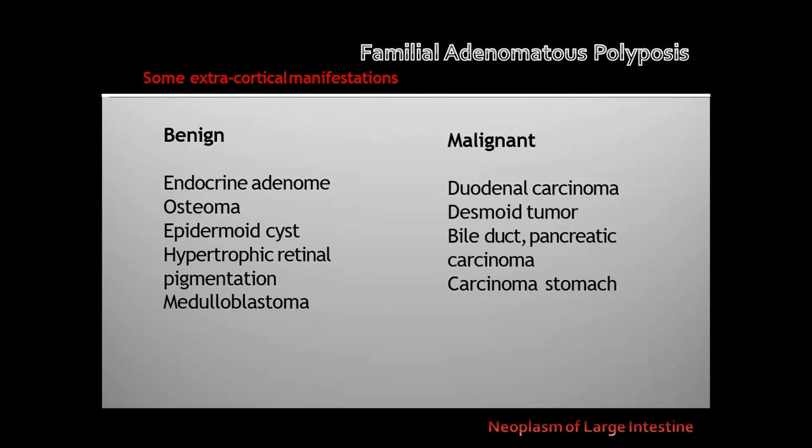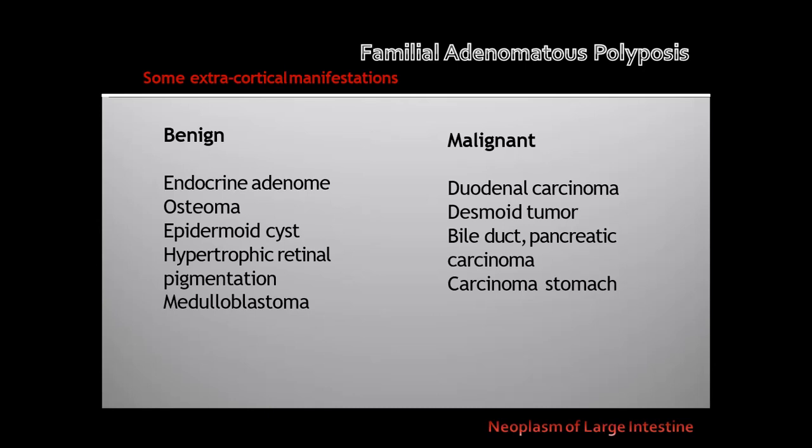Familial adenomatous polyposis is associated with benign and malignant lesions in other parts of the body, and the benign ones are the endocrine adenoma, osteomas, epidermoid cyst, hypertrophic retinal pigmentation, and the medulloblastoma.